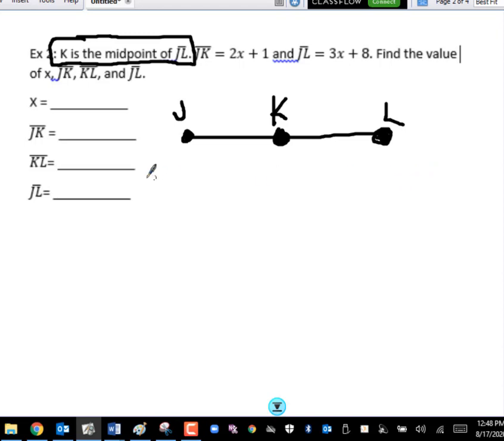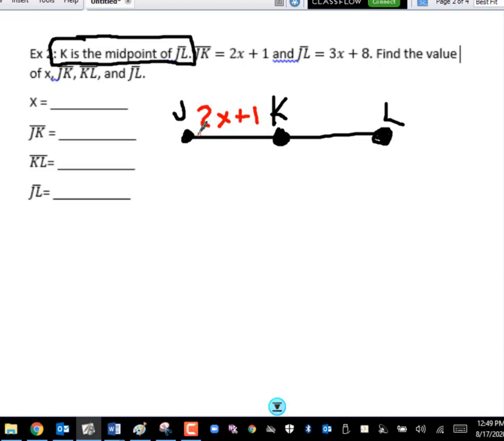So if there is no picture, that should be the first thing that you're doing, is drawing your own picture. So now I can go through and label my picture with the x stuff. It says JK is 2x plus 1. So I'm going to put 2x plus 1 between J and K. And I can say right now, is that a part or a whole?